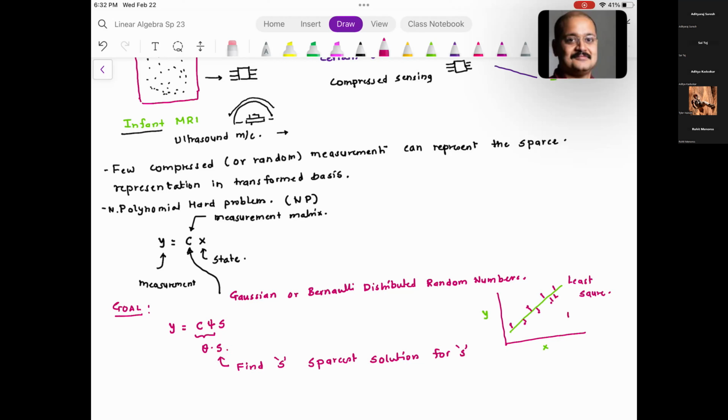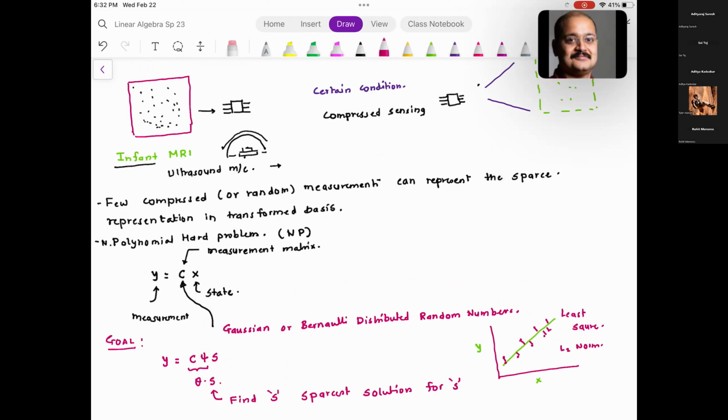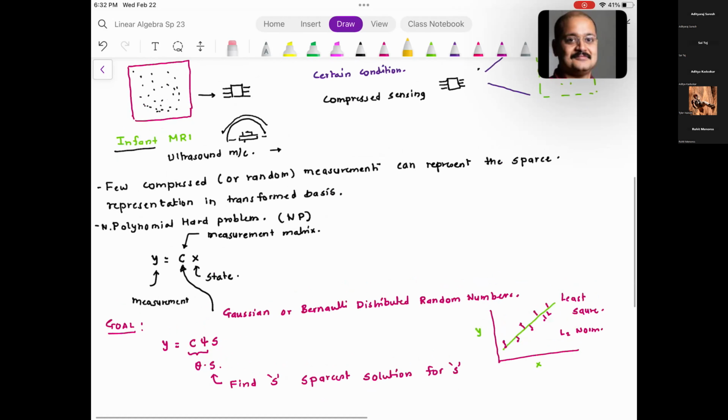This is called the L2 norm. We are minimizing the perpendicular distance between the calculated value and the actual value. The problem here is, as soon as you have some data points that are out of bounds, or outliers, your least squares solution is completely out of whack.